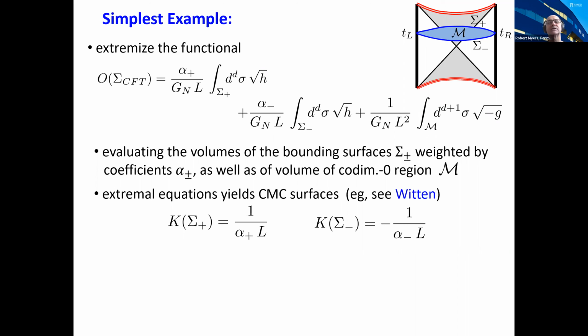But I would also want to use this tool for the vacuum state, or for charged black holes, or ensembles where I have a chemical potential, or other states where there are interesting things going on in the bulk.